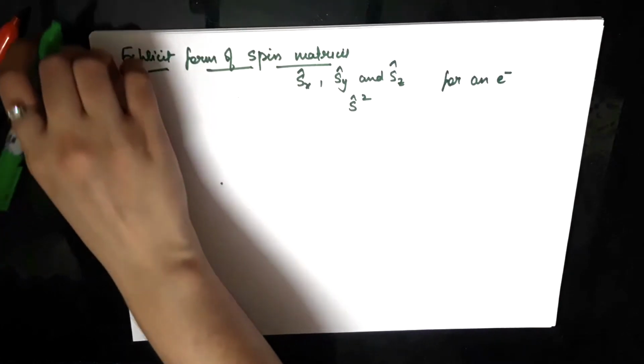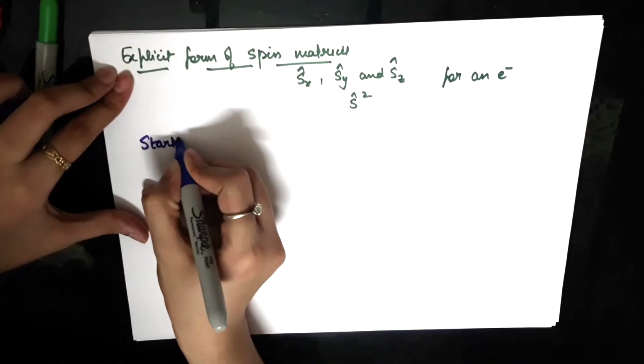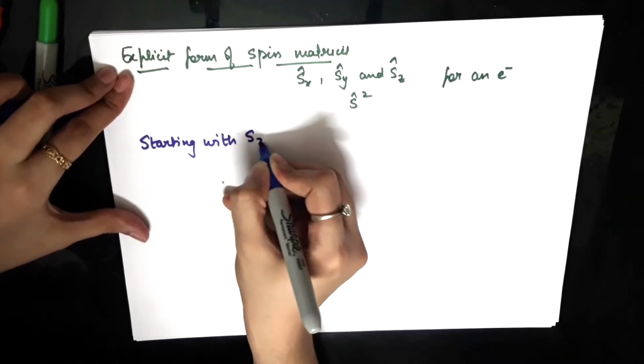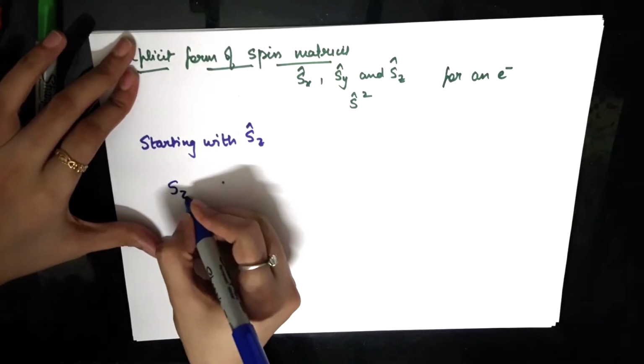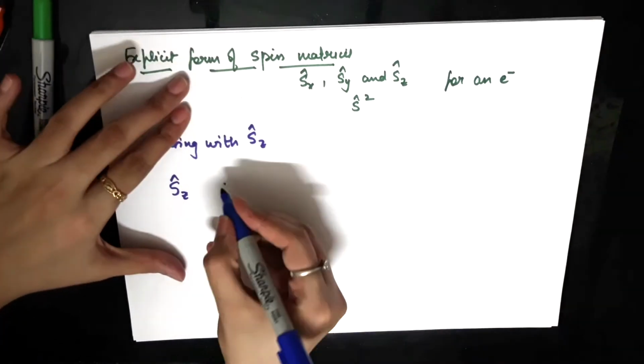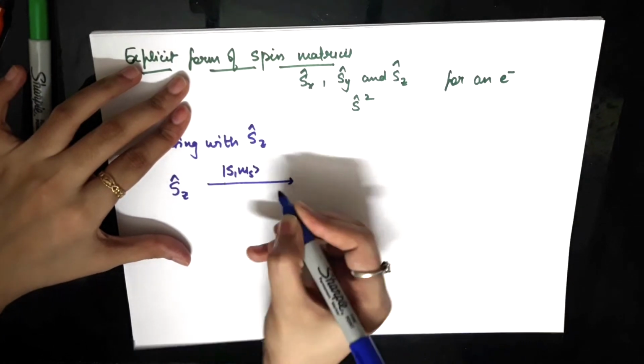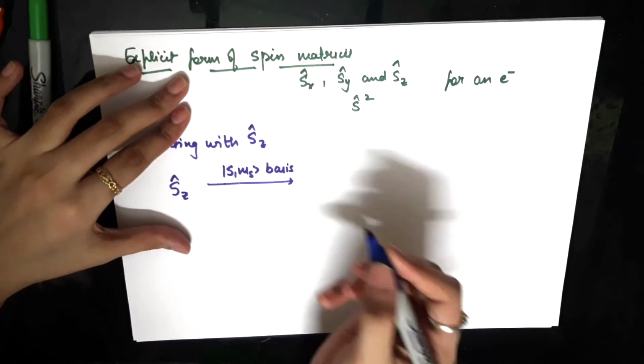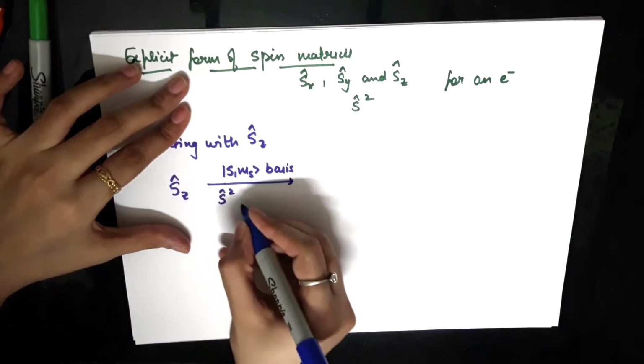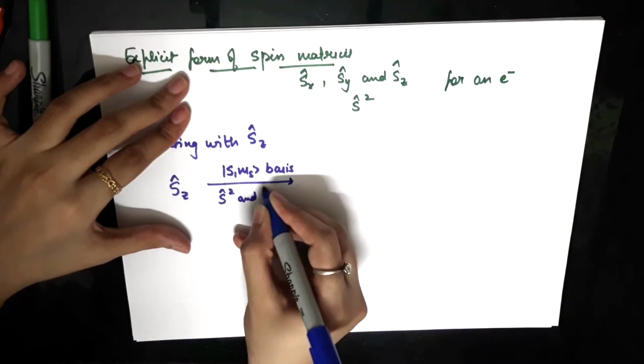So, starting with the Sz matrix. Matrices are always written in some basis. So I want to write the Sz matrix in the S-Ms basis, the basis of S squared and Sz.